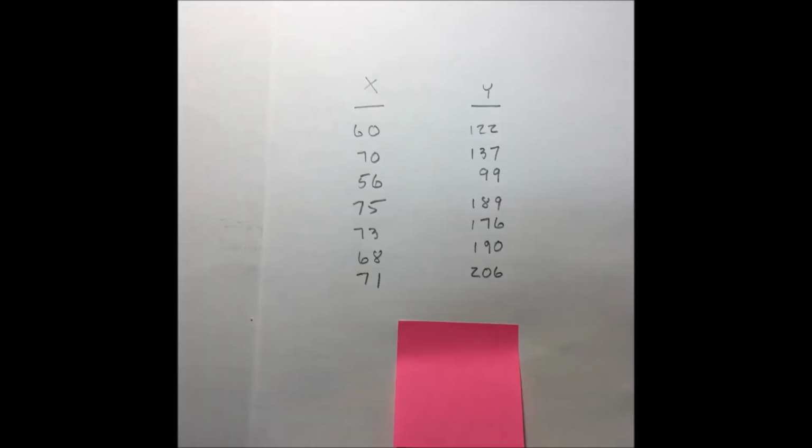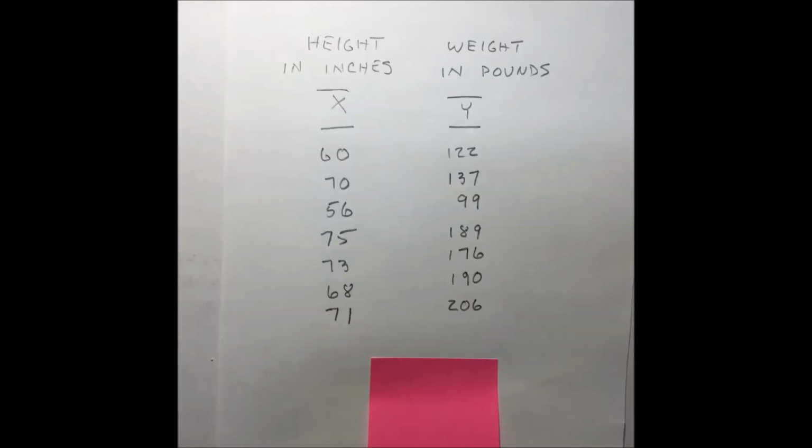But now, let's take a look at this terrible jumble of numbers in columns X and Y. I wonder if there's some pattern there, some correlation. It's hard to look at and just say, sure there is. Why not do the arithmetic? In fact, let's give these numbers some meaning. Column X has the height of some people in inches and their weight in pounds.